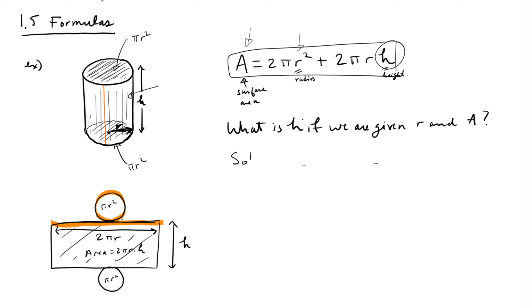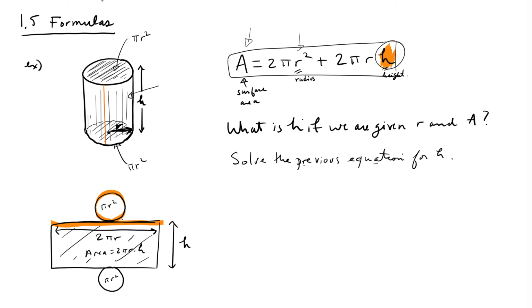So I'm going to solve the previous equation for h. I'm going to consider that everything else but h is known, so it's some sort of constant, okay? So how do I do this?